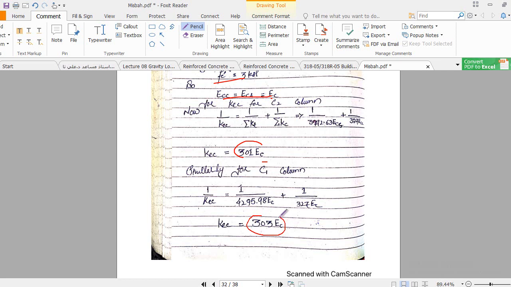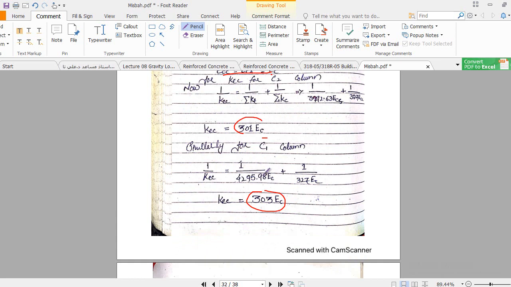Clear? Now you just need to divide this value by this one, add up and bring this Kec here, and the value calculated from these values will be brought here, and divide 1 by that value, you get Kec. Some students may be confused about how to find Kec.